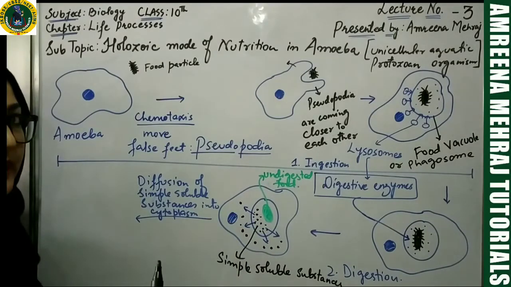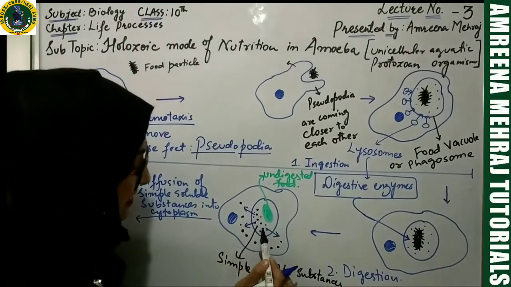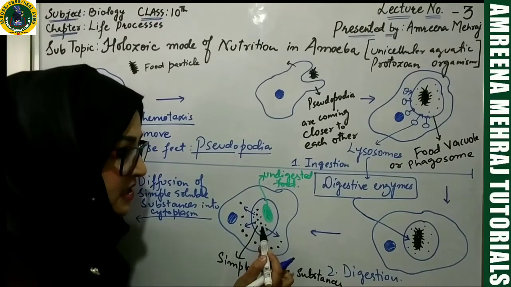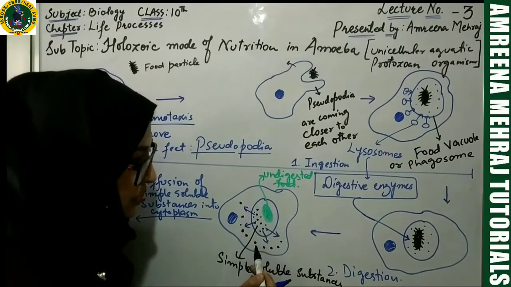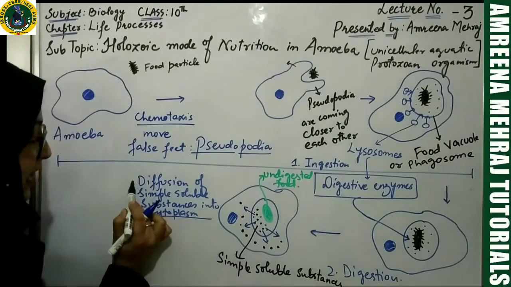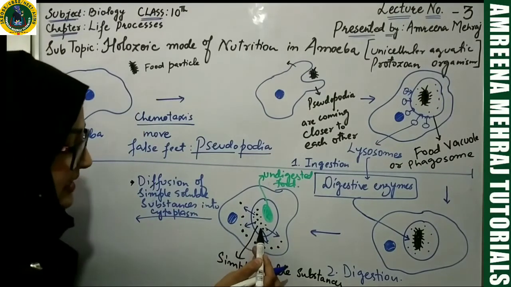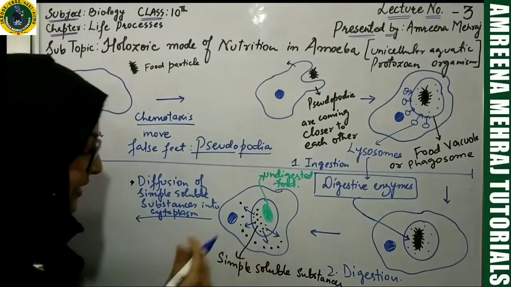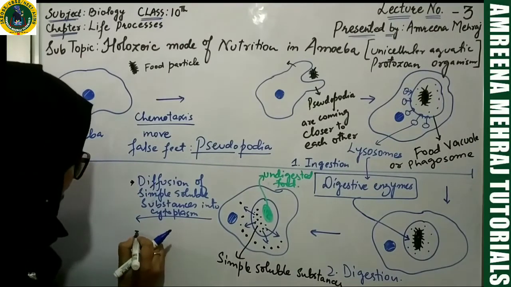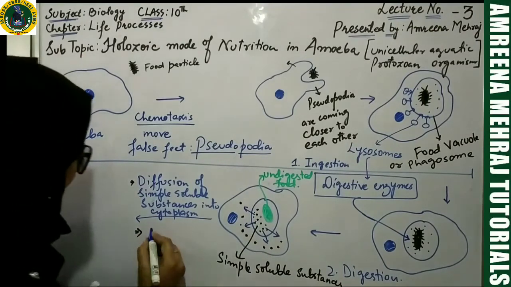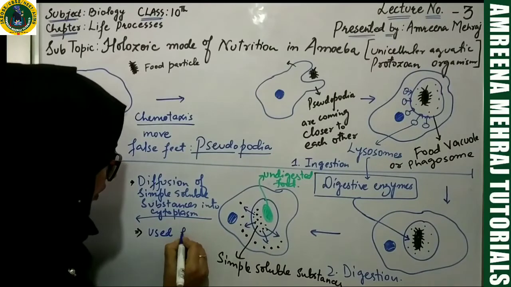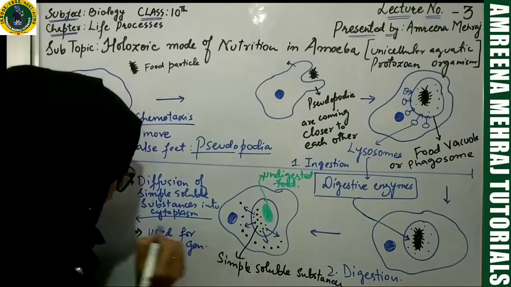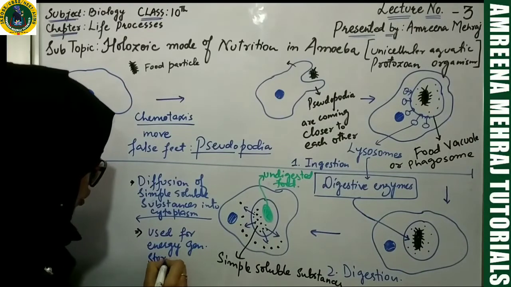Why they will diffuse is very simple. The concentration is more here, concentration is less here, so these substances will flow from a region of high concentration to a region of low concentration. That's why I use the term diffusion. So these substances will diffuse into the cytoplasm, and once inside the cytoplasm, these substances will either be used for energy generation or they will be stored.